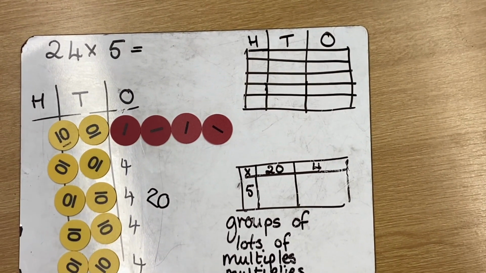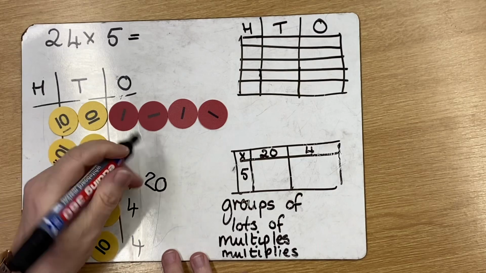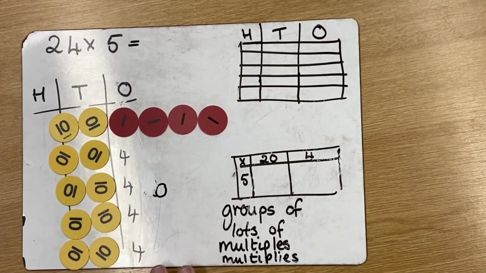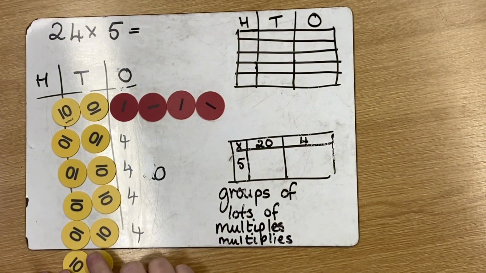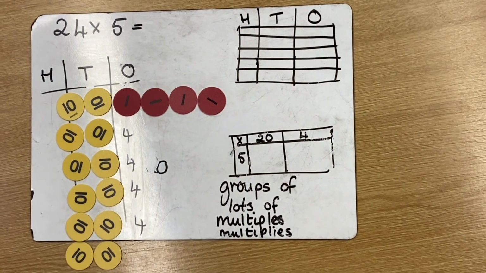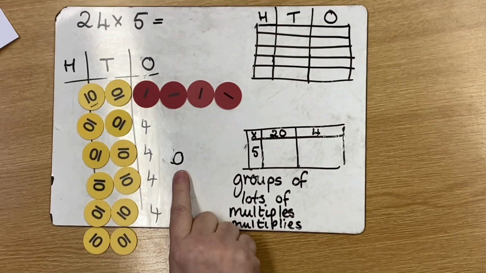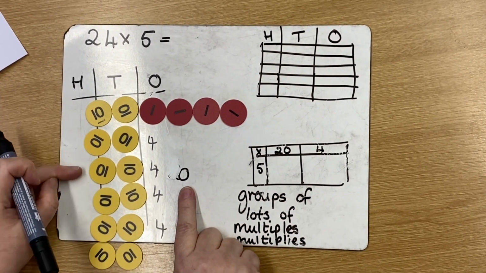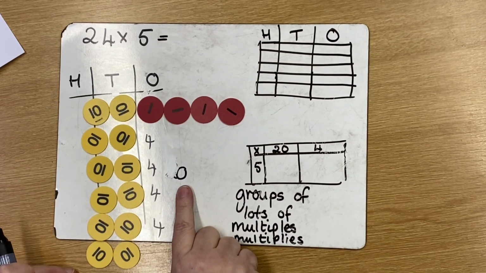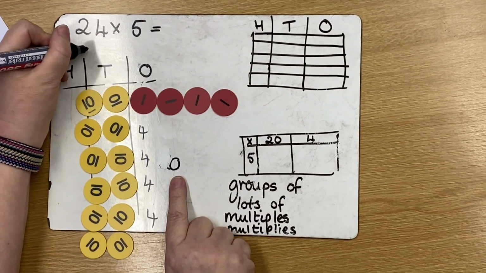We know that 20 won't fit into our 1s, so our 2 10s will move over, and the children will get into the habit of adding their extra numbers in, and we have 0 left in our 1s column. We then count up our 10s, 2, 4, 6, 8, 10, 12. So we end up with 12 10s.